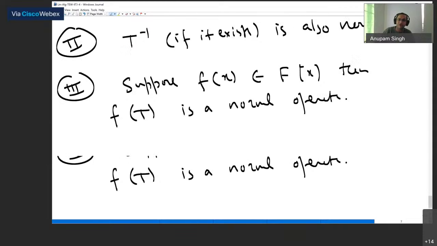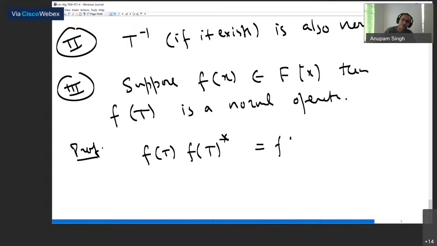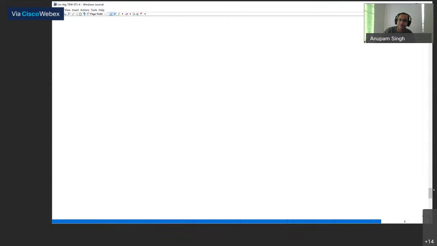So if T is a normal operator, any polynomial in T is always normal. And the proof is actually very easy. To prove this, I have to prove that f(T) f(T) star is f(T) star f(T), right? So what does this mean?